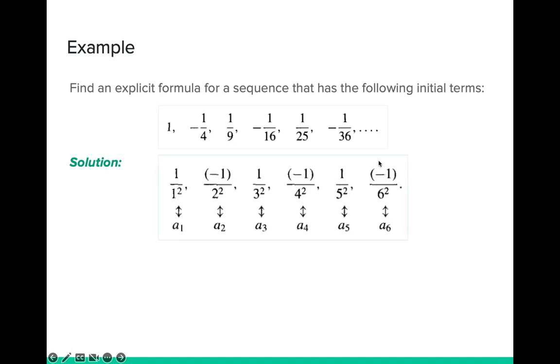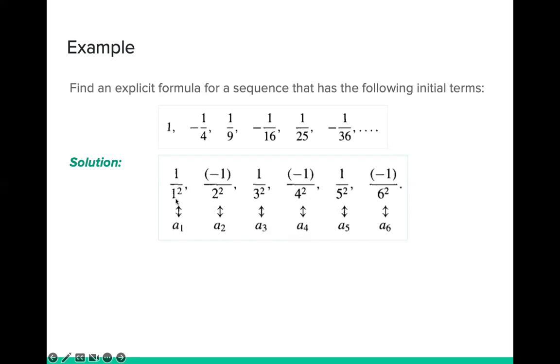Okay, so we can denote the general term of the sequence by a sub k, and suppose that the first term is a sub 1. We then have 1/1 raised to 2. So we have the first term a sub 1, the second term a sub 2, a sub 3, and so on.